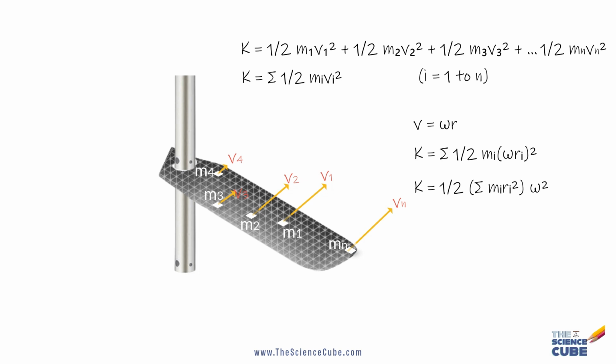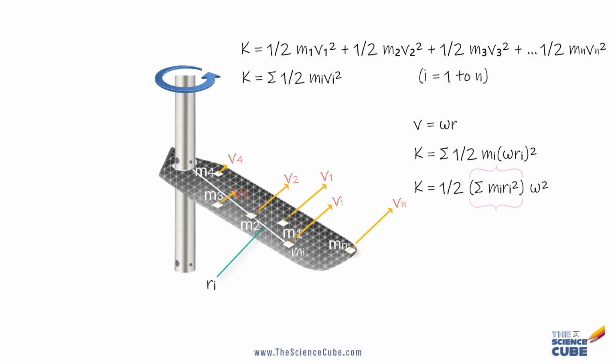So you see, all we have done here is to present the velocity vi of the ith particle in terms of the angular velocity omega, that is the same for all particles, and the perpendicular distance of the ith particle from the axis of rotation.